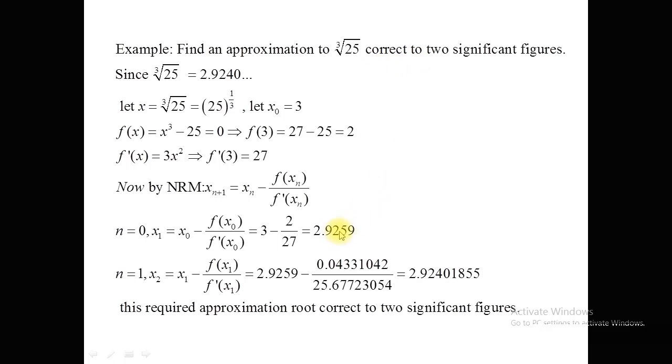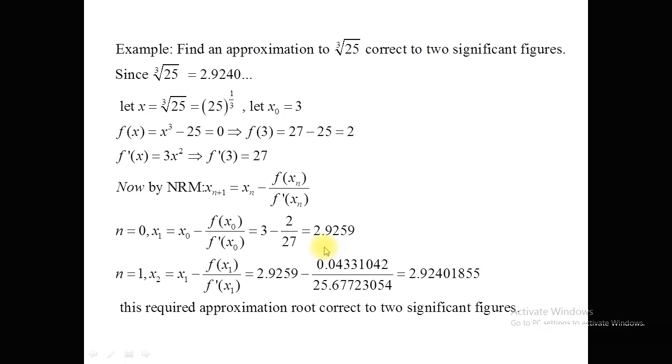Now if the successive two roots have two repeated digits after the decimal, then we will stop the procedure.